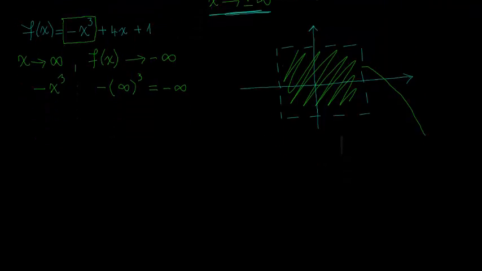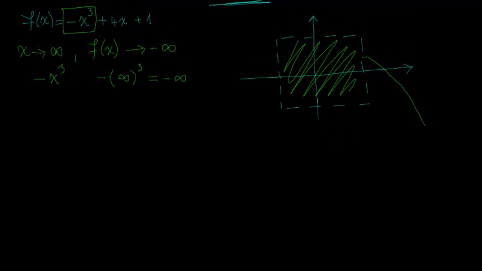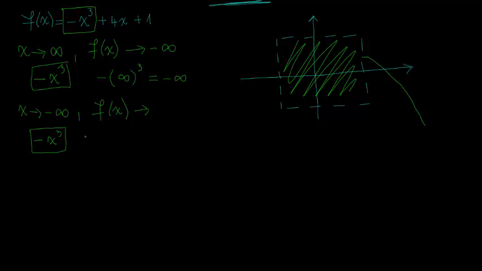On the other hand, if x goes to negative infinity, then f of x will do as follows. So again, we'll look at this leading term, and we're going to plug negative infinity into it.